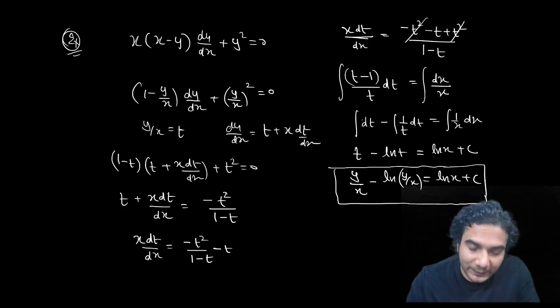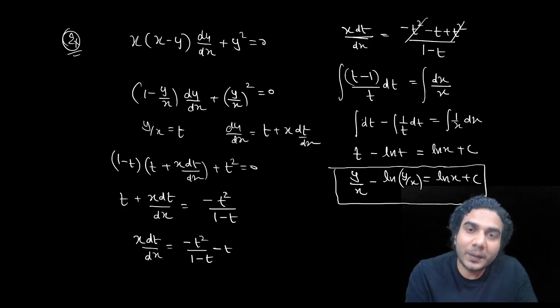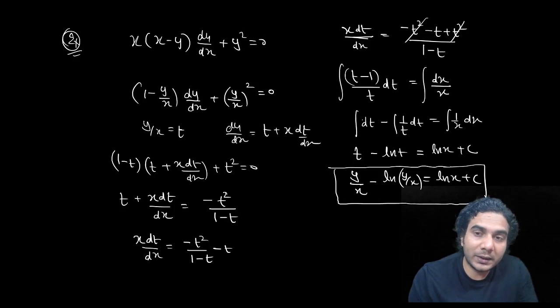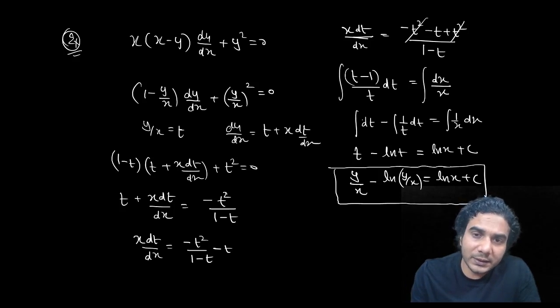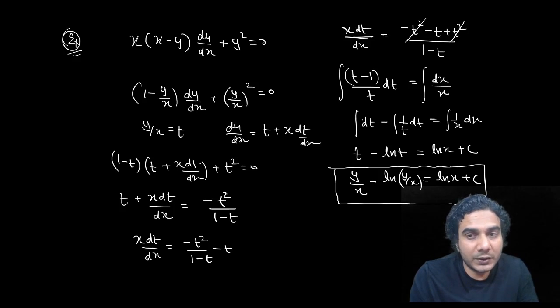So now the interesting methods are about to come. First order linear differential equation, which is very, very important. We'll do that in the upcoming session, next session. And one more type is there, convertible to homogeneous, and then after that we'll learn first order linear differential equation.